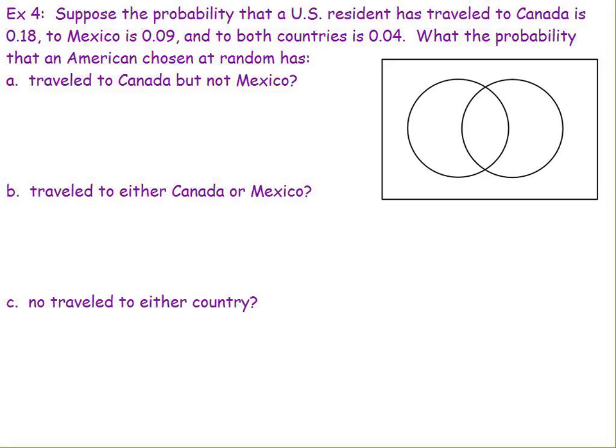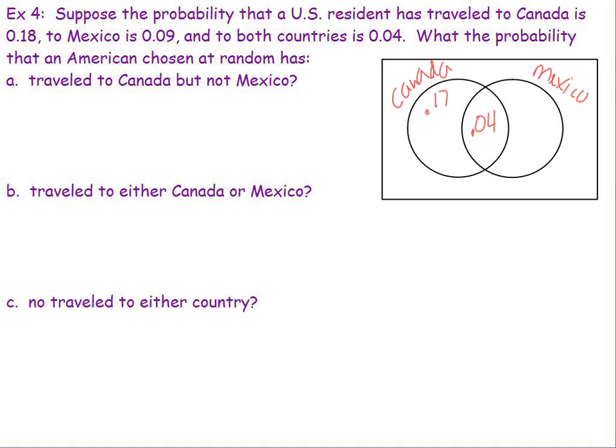That means that they are already in decimal form, so no need to change that. So our two countries were Canada and Mexico. We already know that both was 0.04. No need to change that.